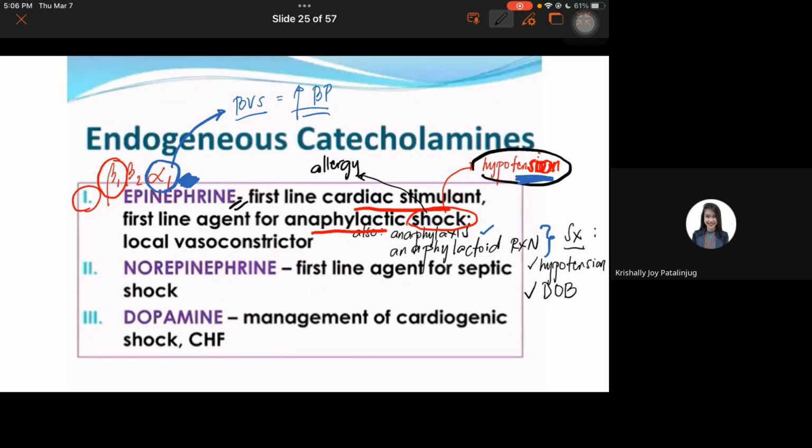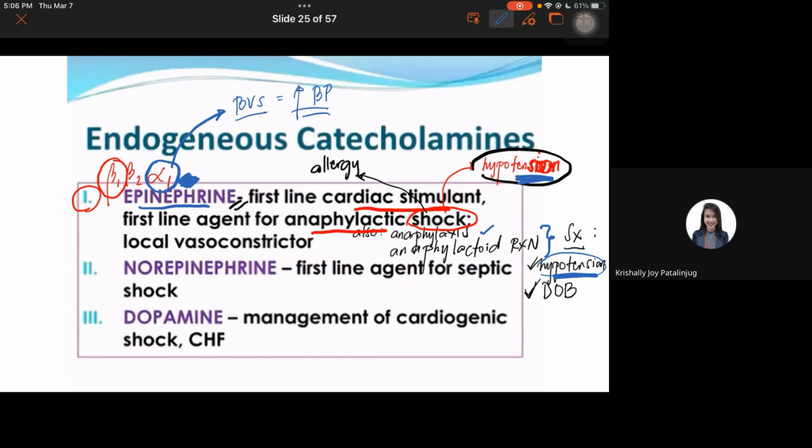Okay? So, similar na sila ng symptoms manifested by patients having these conditions. Okay, so no problem with the clinical use ng epinephrine towards counteracting hypotension. So pwede talaga si epinephrine, kasi nga, meron siyang vasoconstricting effect to counteract hypotension.